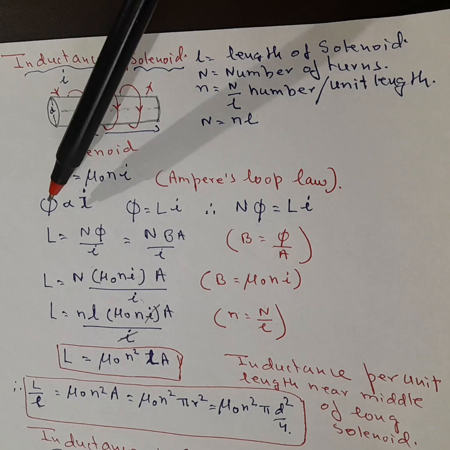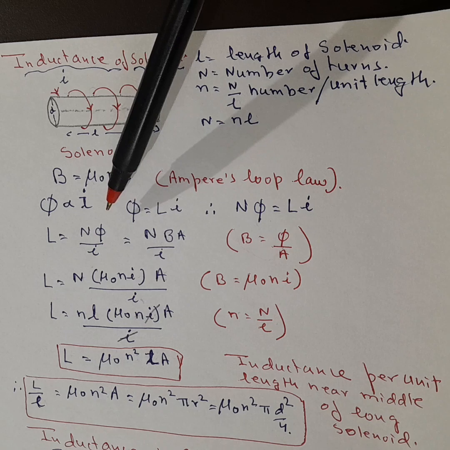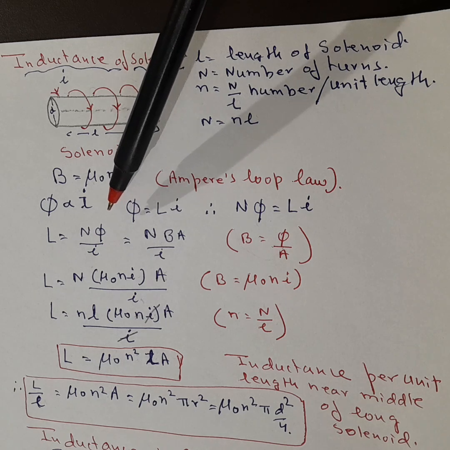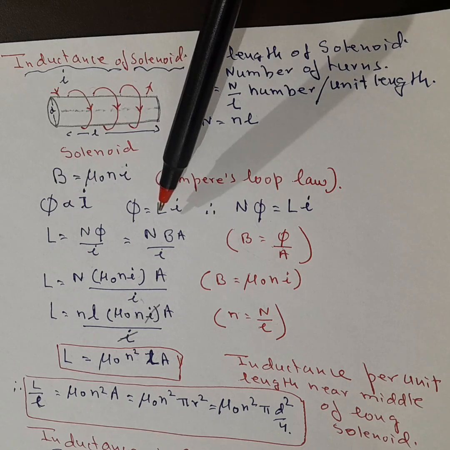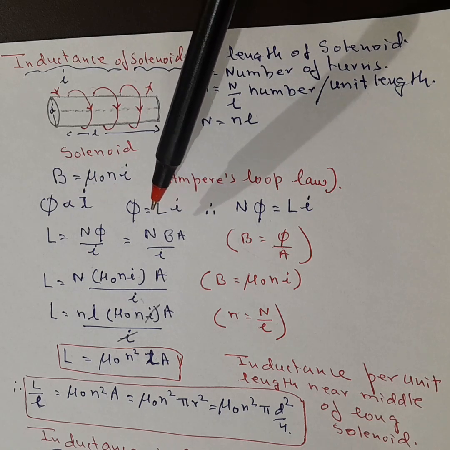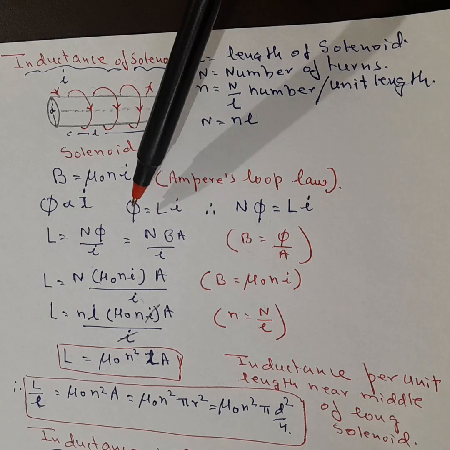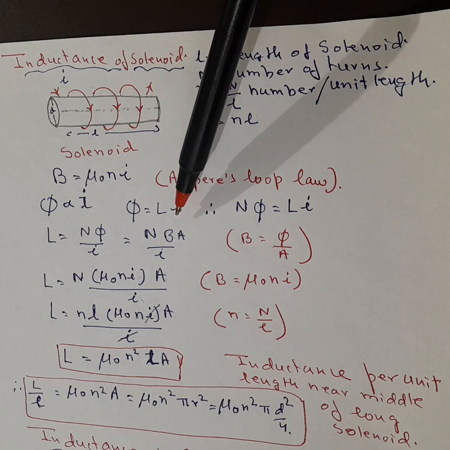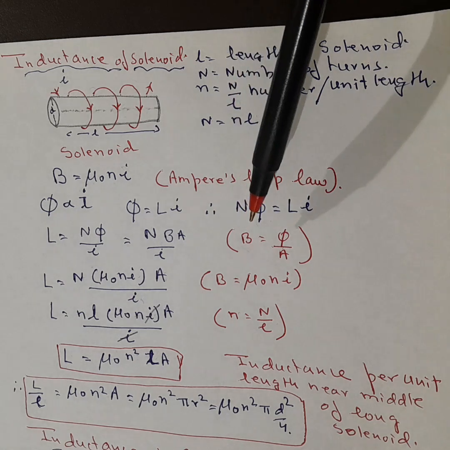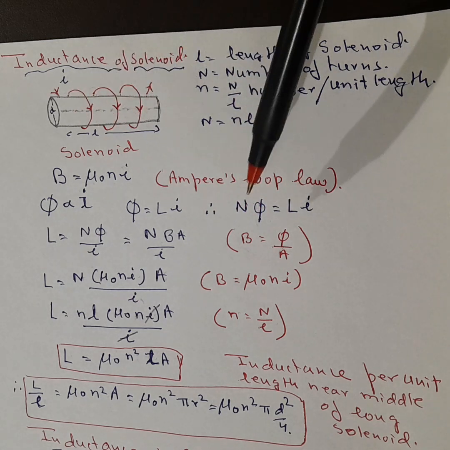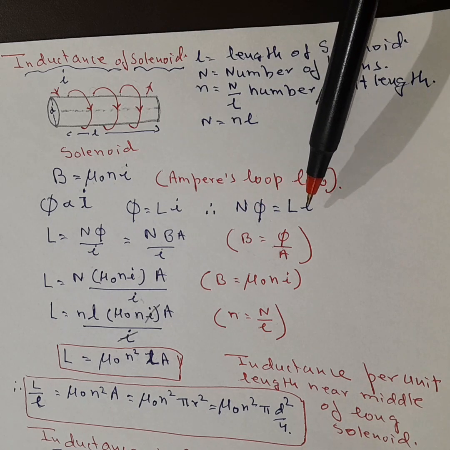Now flux is directly proportional to current. So when we are talking in terms of inductance, the proportionality constant L, that is inductance, comes into the picture. So flux is equal to Li, and if there are N number of turns, then the formula becomes N phi is equal to Li.